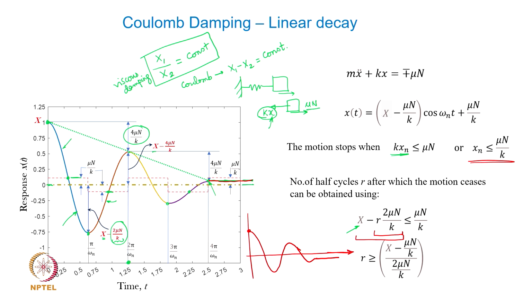It will eventually come to the mean equilibrium position, but with Coulomb damping the system will not return to its mean equilibrium position, and that is one distinctive feature to identify from practical measured data whether the damping is Coulomb damping or viscous damping.